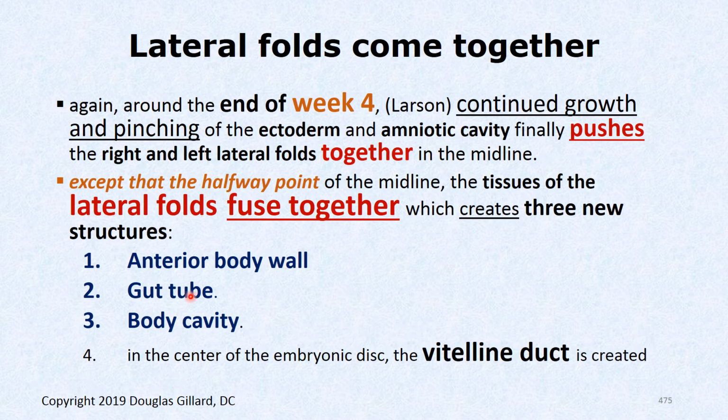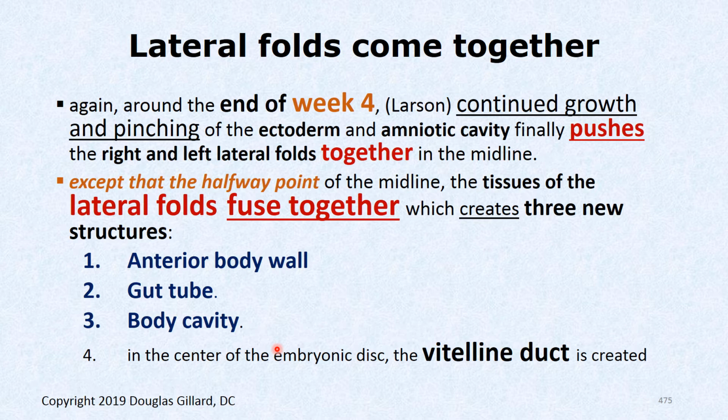They create a gut tube, and we're going to look at all these specifically. They create a body cavity, and in the very center, in a sagittal plane, the very midpoint of the embryonic disc. The lateral folds do not completely fold together.